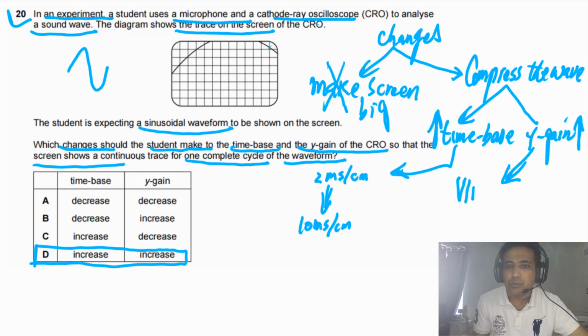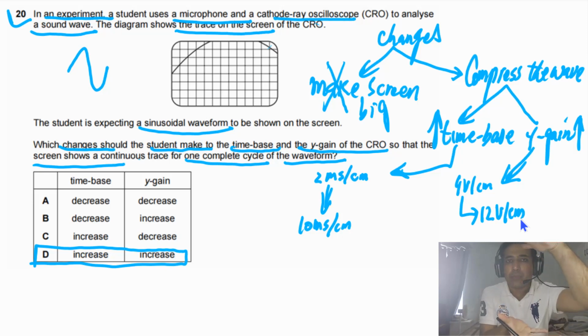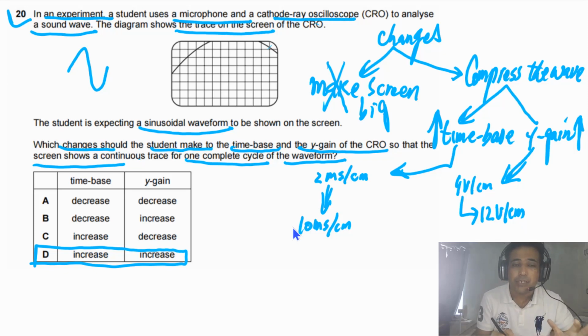If the Y gain, for example, is 4 volts per centimeter, we can increase it to 12 volts per centimeter. In this case we will compress the wave along the vertical, along the Y axis. And if we increase the time base, we will compress along the X axis. So in this case we can see the wave.